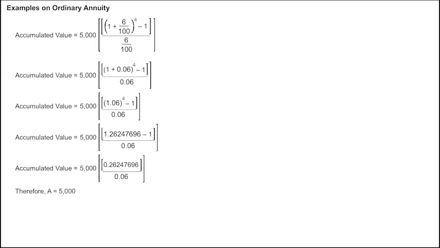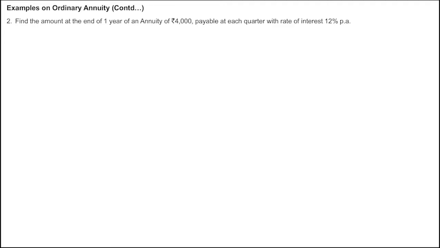So the simplification of the bracket gives us 4.374616, and when multiplied by 5,000 we get it as rupees 21,873.08. So the accumulated value is rupees 21,873.08.